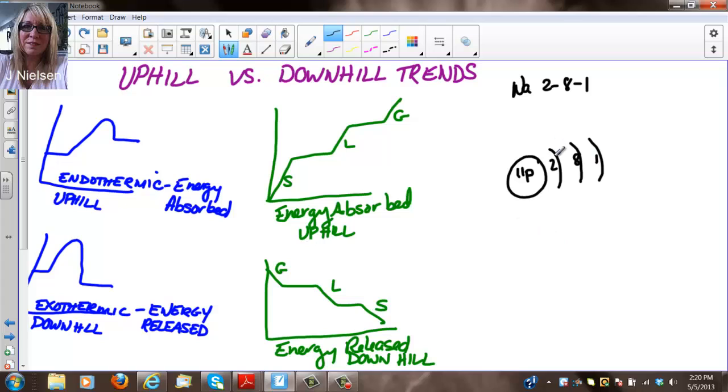When an electron jumps from a low level to a high level, so here the electron is going from low to high, it's going uphill, energy is absorbed.